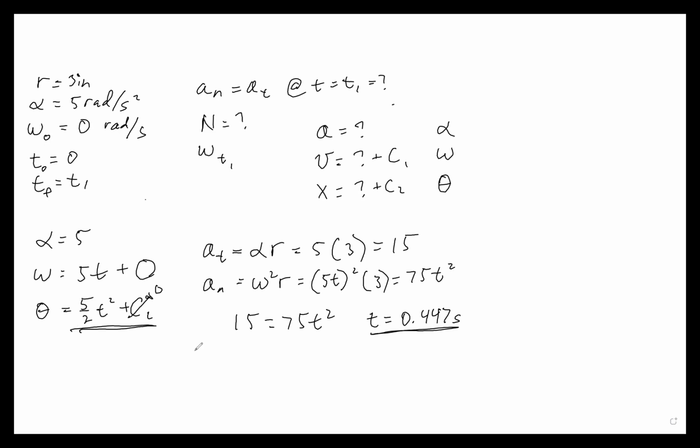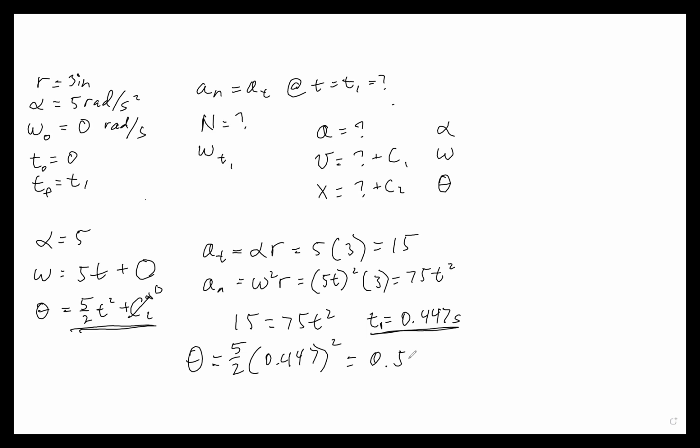So we can find that theta value by plugging t1 into t. So 5 over 2 times 0.447 squared equals 0.5 radians. It's actually 0.49952, but I'm just going to round up. I'm not going to take out a whole bunch of digits.